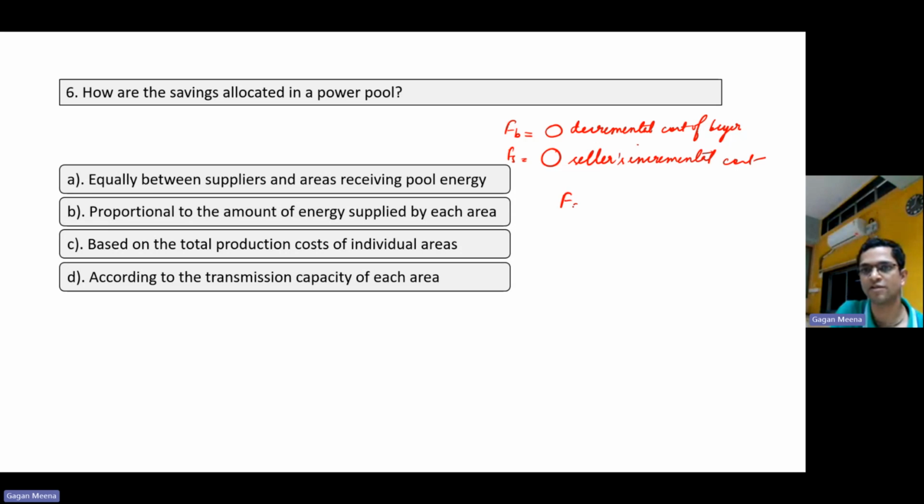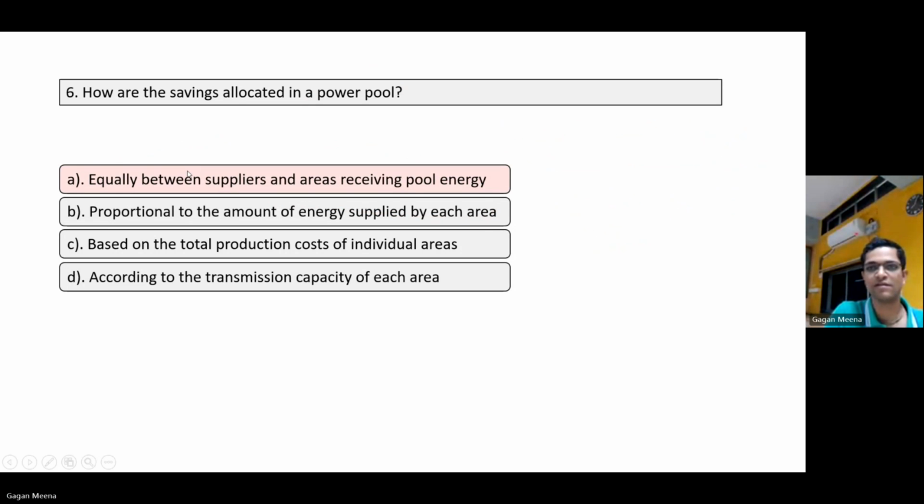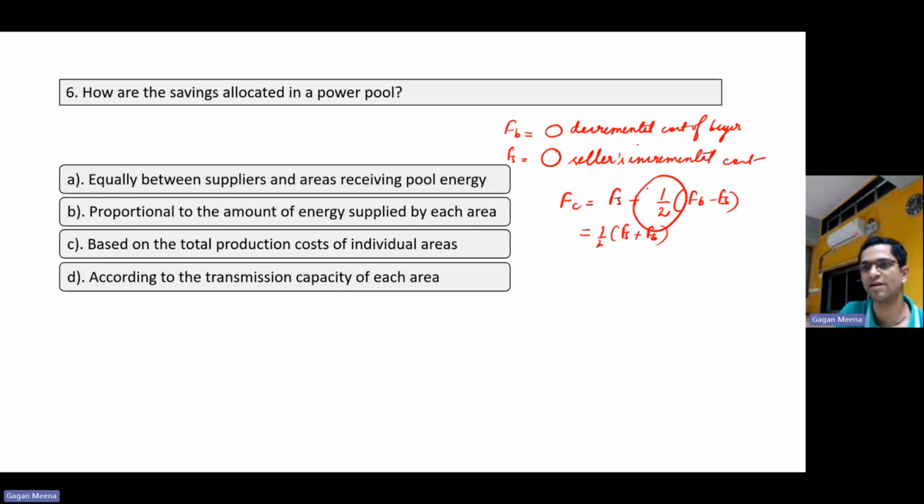And the transaction cost was seller's incremental cost plus divide the savings between the two. Then this becomes the average of the incremental cost of seller and incremental cost of the buyer. So this is the transaction cost. The savings are allocated in a power pool equally between supplier and area receiving pool energy. Equally, that is why it is half and half.